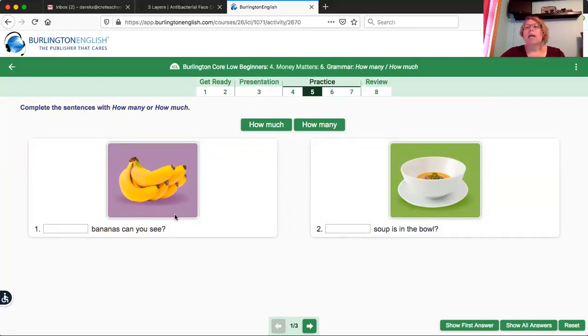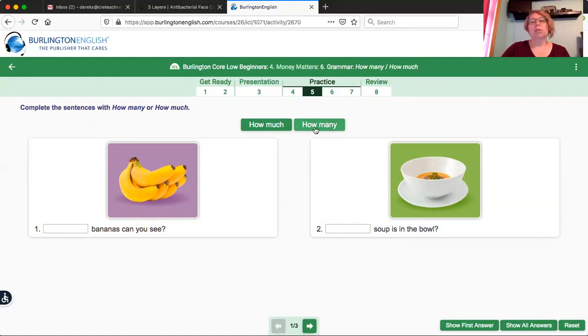When you think about bananas, are you counting bananas? Sí, es posible contar bananas. Or no, it's not possible. Imposible contar bananas. If we are counting, remember we use how many. No counting, how much.